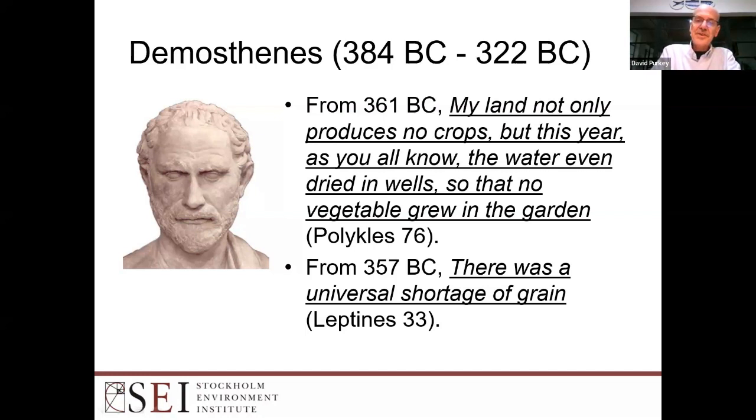And then he also observed a few years later that there was a universal shortage of grain. So this suggests that at this point in time, around 360 BC in Athens, there was a serious drought occurring, and other chroniclers wrote about how the rainwater catchment cisterns were beginning to run out of water, and people were struggling to find enough water for water supply and also for gardening and producing vegetables.